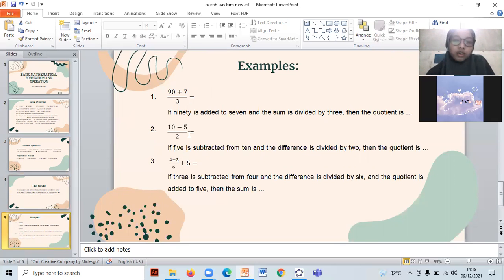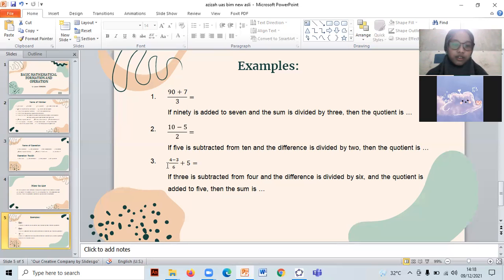Next, number 2, if 5 is subtracted from 10 and the difference is divided by 2, then the quotient is. From is the preposition from subtraction, so we can use subtracted from, and difference is the operation result from subtraction, and it's division, so we use divided by, and the quotient is the operation result for division.